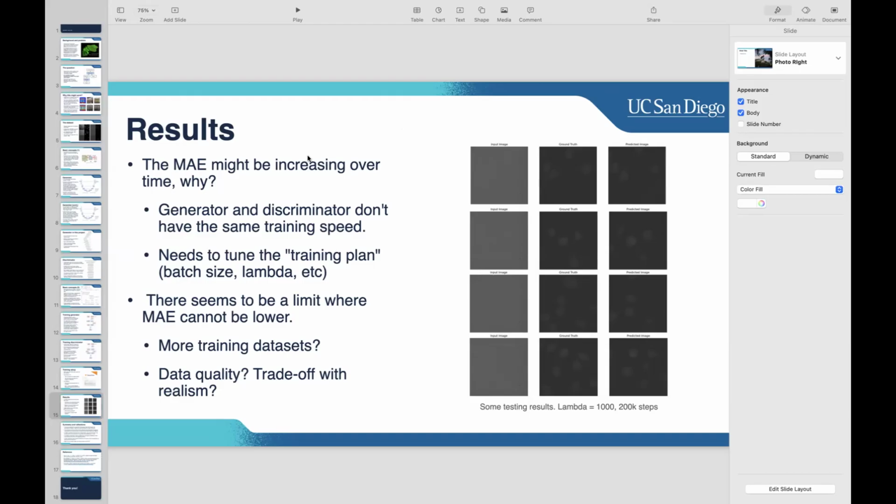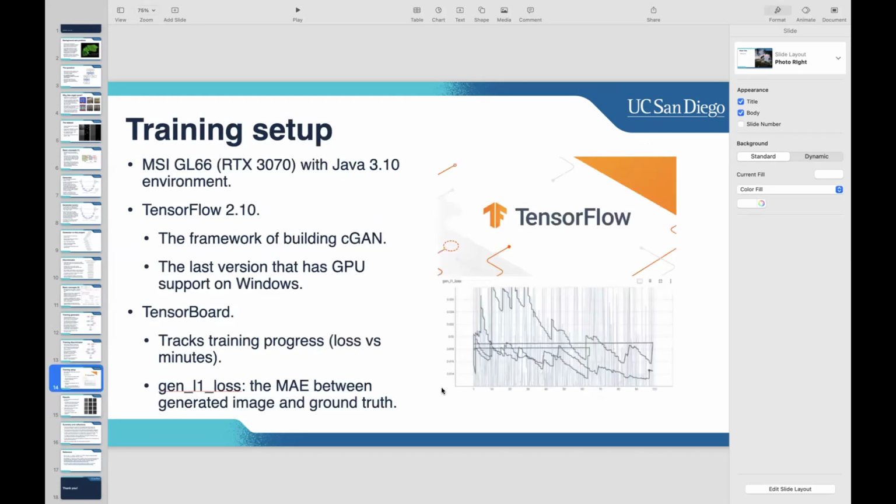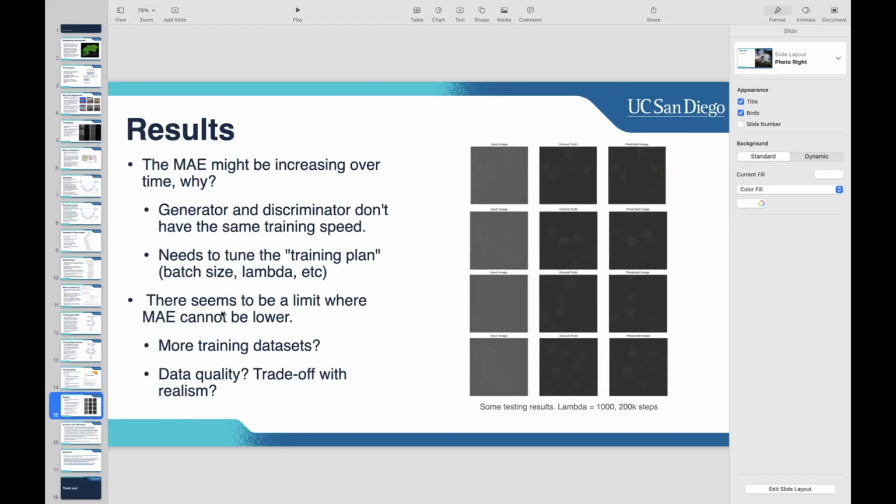Okay, so the MAE might be increasing over time, not decreasing. You can see this, right? The MAE actually might increase over time. It's not always decreasing. That's because the generator and the discriminator don't have the same training speed.